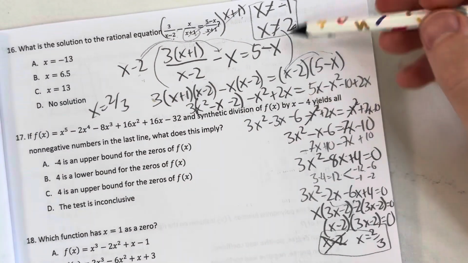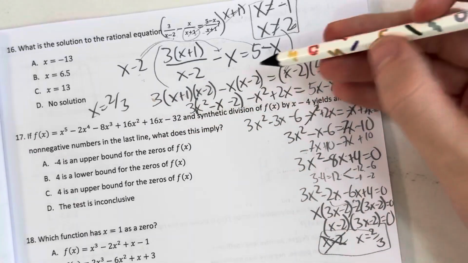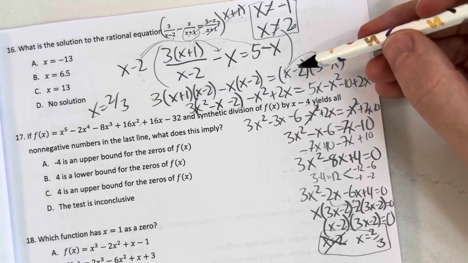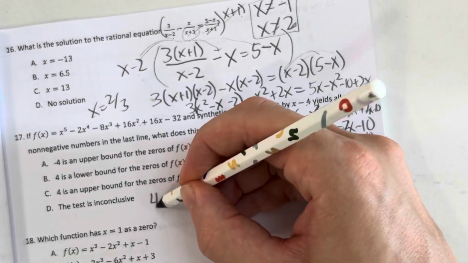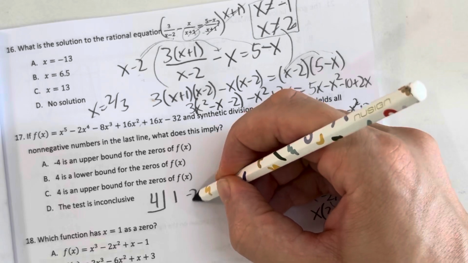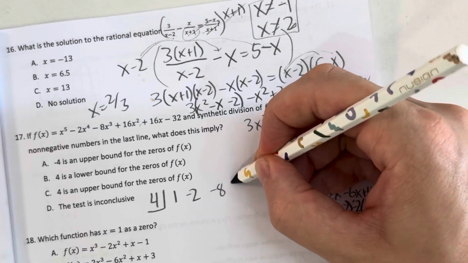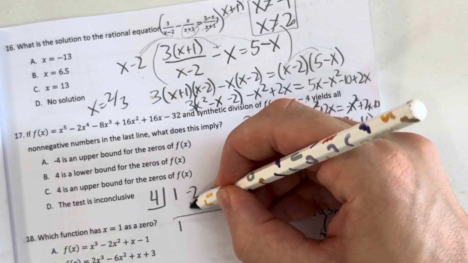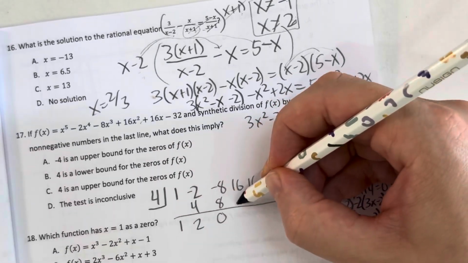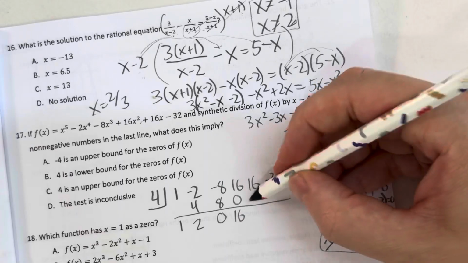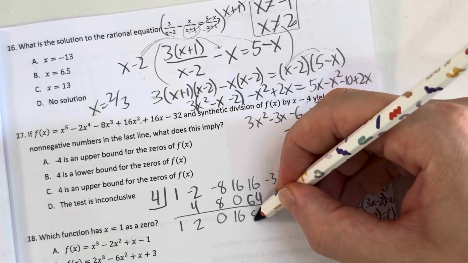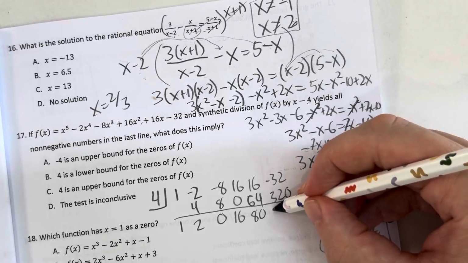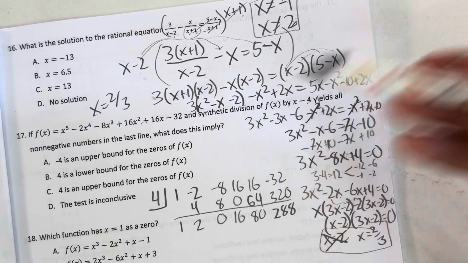Come on, lock in. Synthetic division. If we divide this by this, we get all non-negative numbers in the last line. What does that imply? Basically, it's not asking us to do this, but if we did this, let me speed run it. Well, what does that tell us?